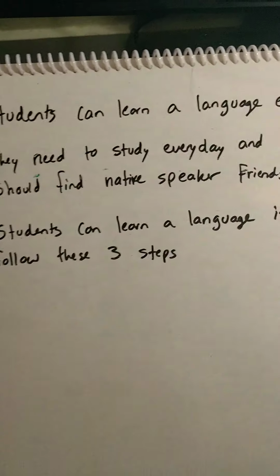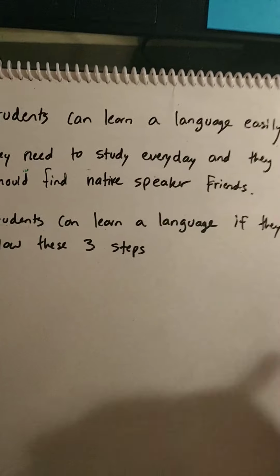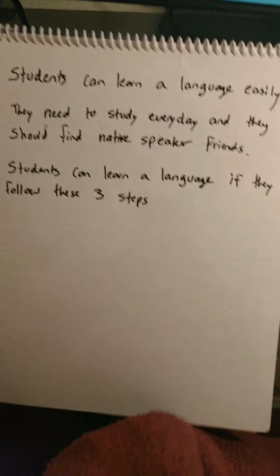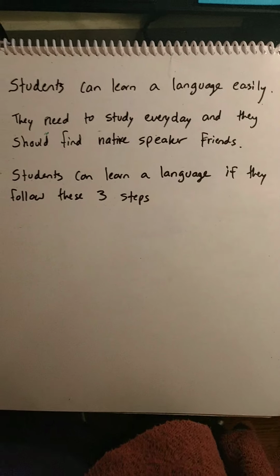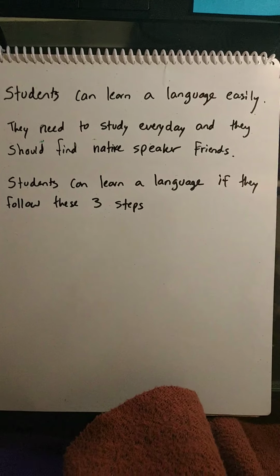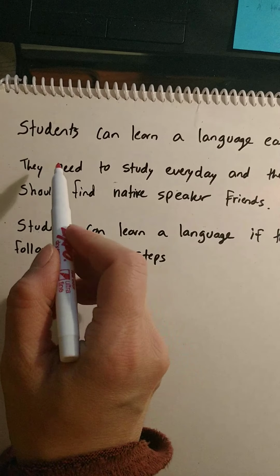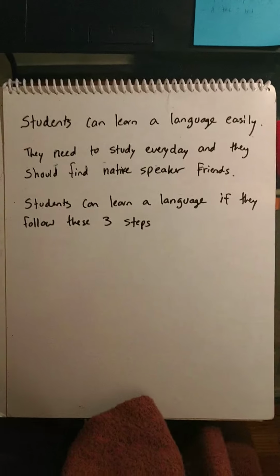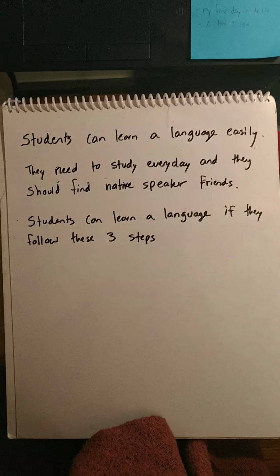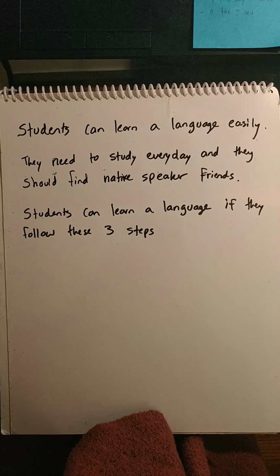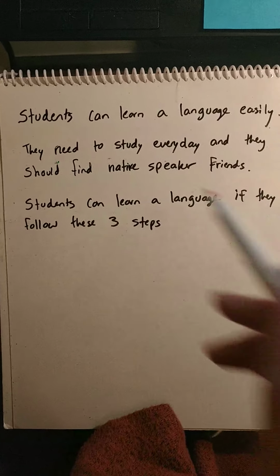a marker board, and I wrote three different sentences here. Let's see if I can get them all here. Okay, so the first one is students can learn a language easily. So try and think about subject and verb and all kinds of things in here. And now I will mark them.